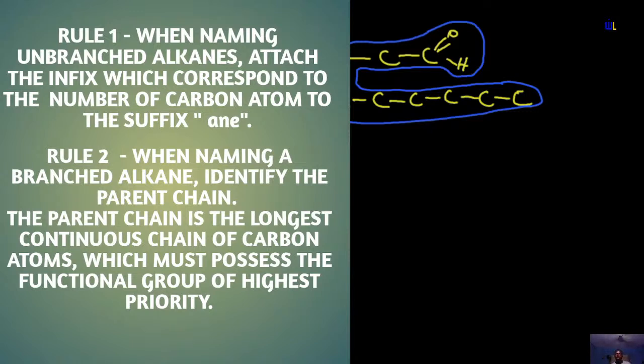There are scenarios where you have the longest chain, but if it does not carry the functional group of highest priority, it cannot serve as the parent chain. You must include the functional group of highest priority before you consider the length of the chain. So that means you must count from the functional group before you go through the chain.